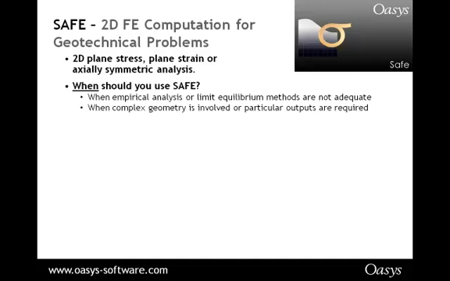Through our case studies, you can see how powerful a program like SAFE is, and that it can deal with a large number of problems, and that FE in itself is a superior method in certain kinds of problems where complex geometry is involved, where you're trying to look at a holistic problem. So, for example, a tunnel next to a retaining wall. I've covered those different aspects in this particular webinar.